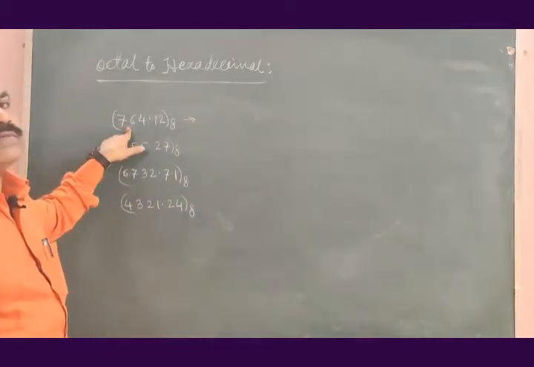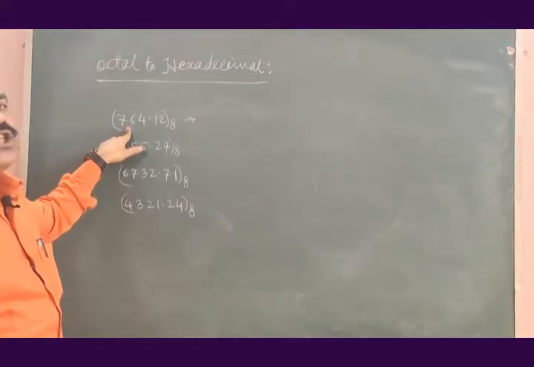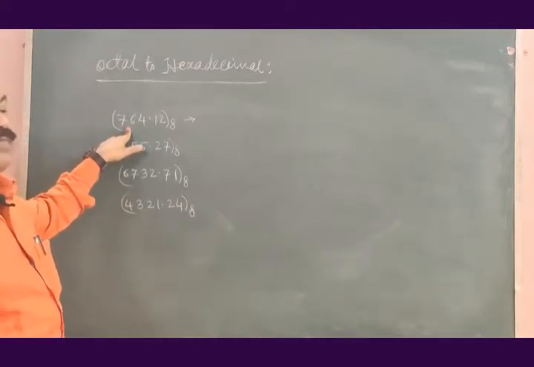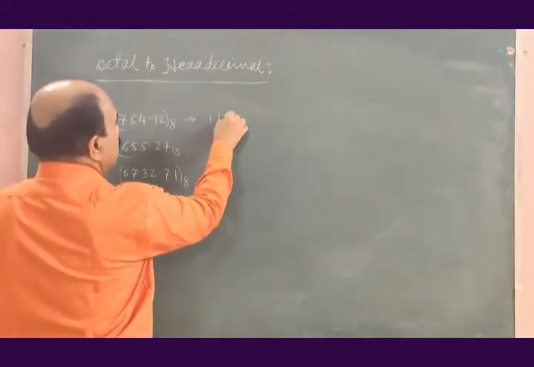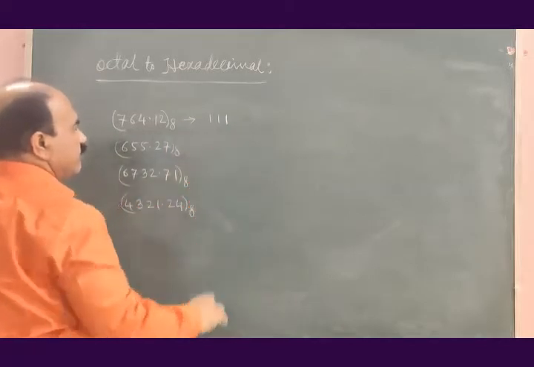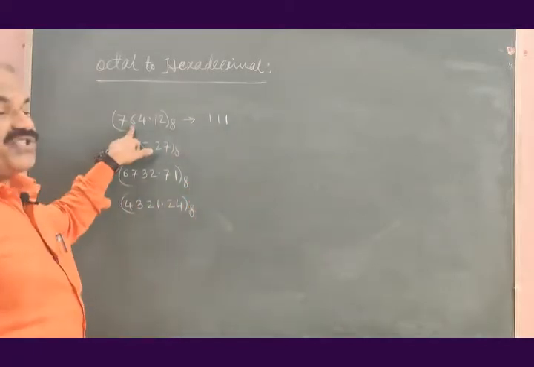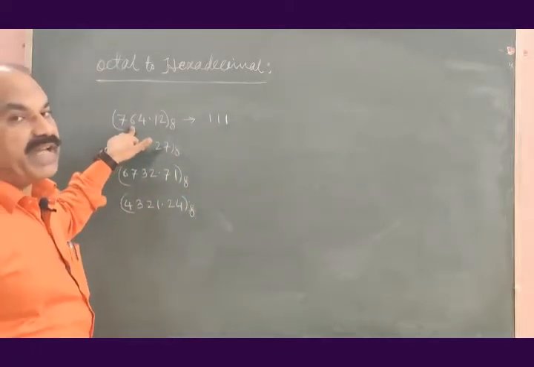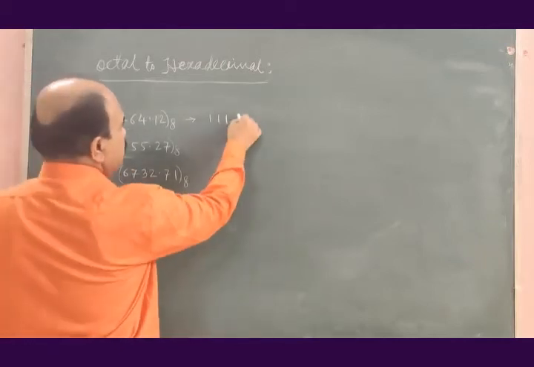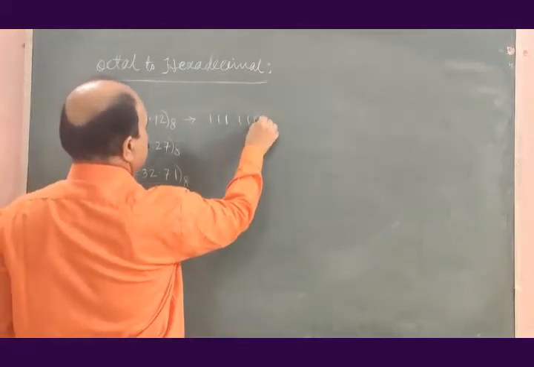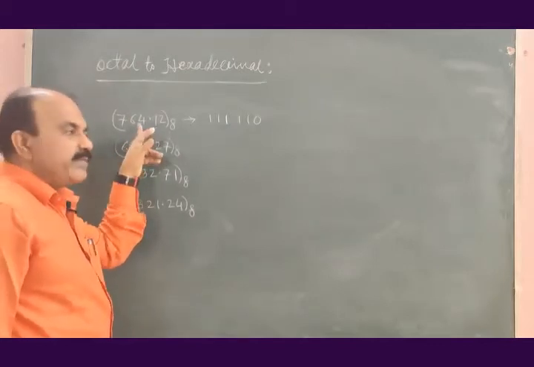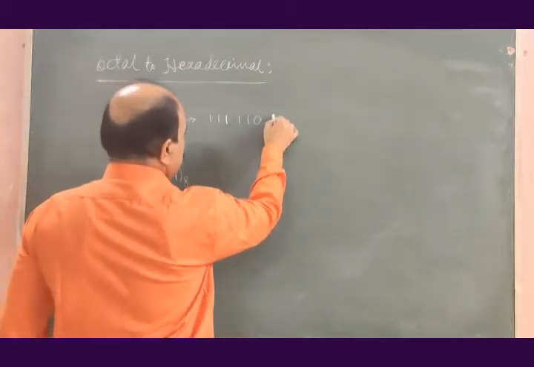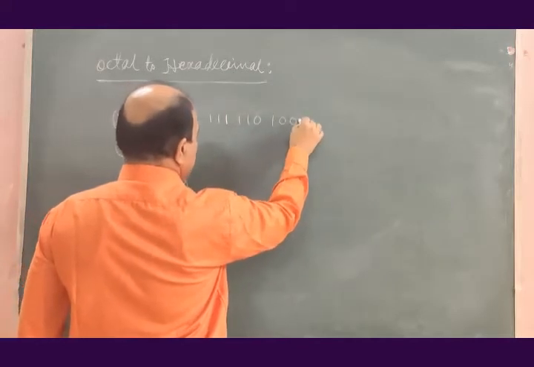Replace 7 by its 3-bit binary equivalent, 1 1 1. Then replace 6 by its 3-bit binary equivalent, 1 1 0. Replace this 4 by its 3-bit binary equivalent, 1 0 0.